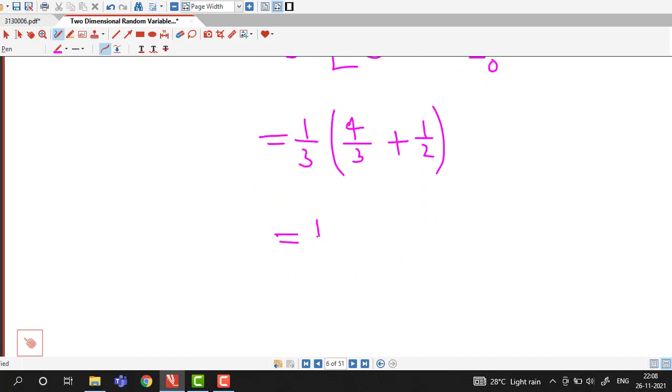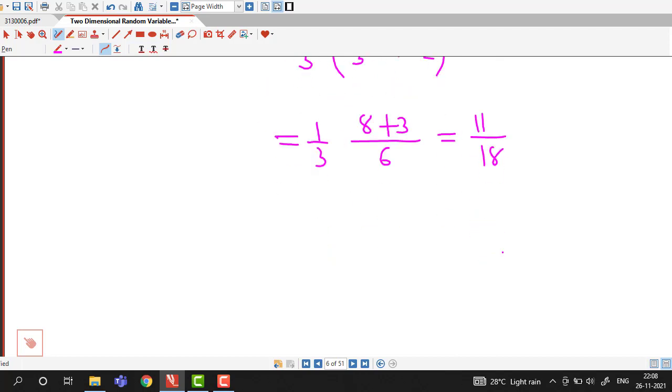Now if we take LCM, we have 6 here and we have 4 into 2, 8 plus 3. So finally we obtain 11 by 18. So this is the mean of conditional density.